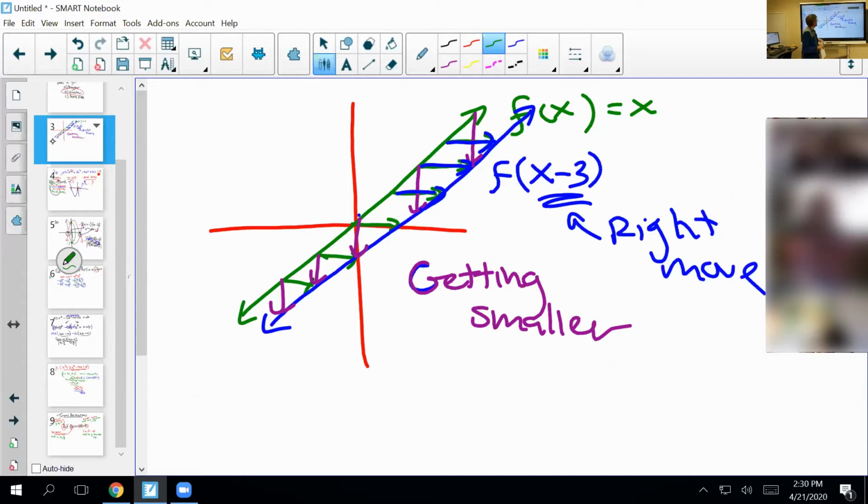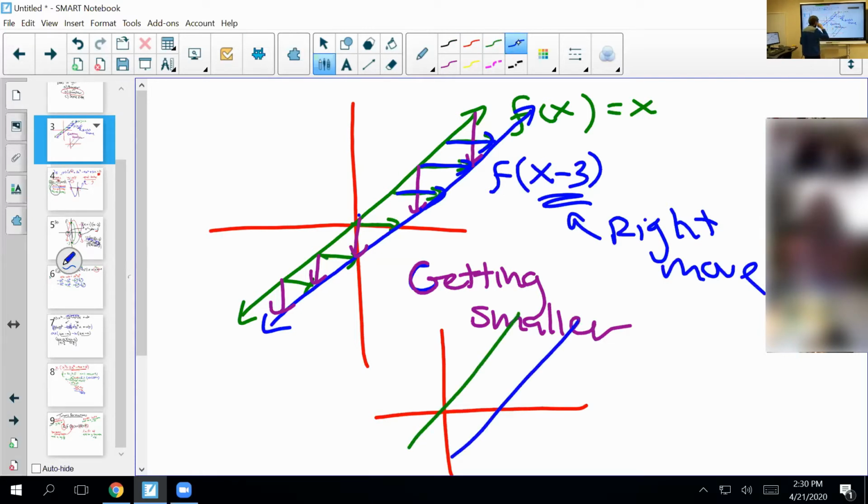And another way to think about this is, let me just redraw it really fast. So another way to think about this is, we move the thing right, you move everything to the right, and then you can ask yourself, well, my old value was over here.